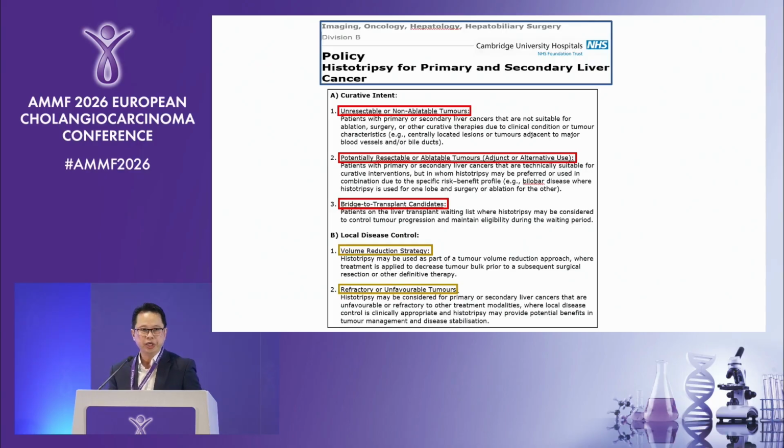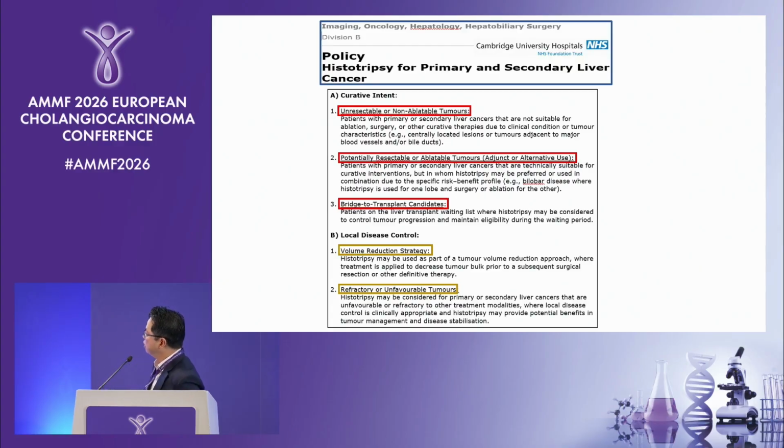The current application in my setting, we use it in curative intent for patients who are potentially not resectable or not suitable for ablation, or who may have benefits for combination therapy, or in patients who may be waiting for transplantation. You want to make sure they don't get outside the list. You may be able to bridge the transplant.